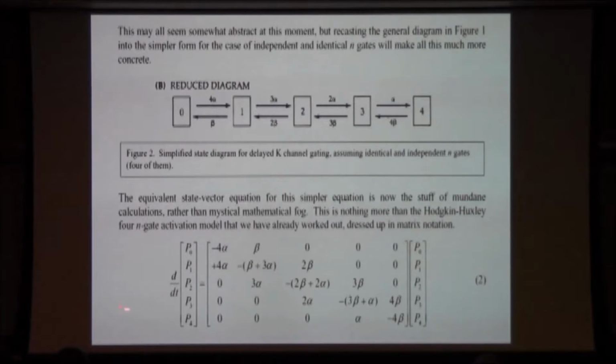Very simply. So the dP/dt right here is QP. And let's just take the reasoning through. How would the time derivative of being in state 0 turn out to be? Well, we know what it has to be. It should be minus 4 alpha times the probability of being here, plus beta times the probability of being in state 1.